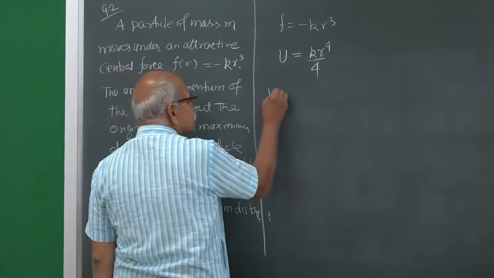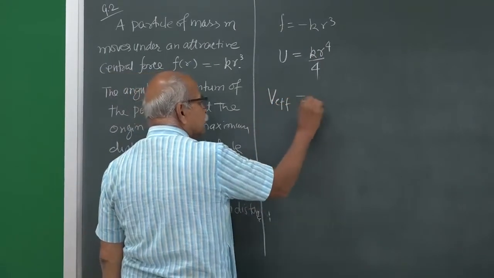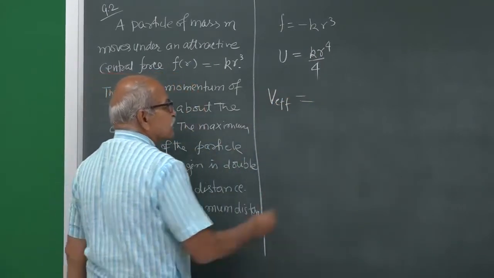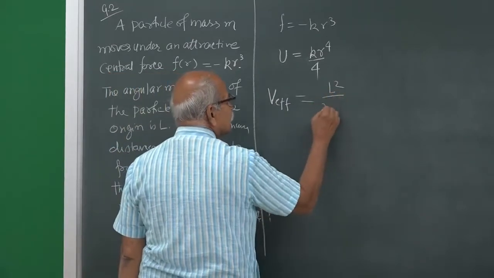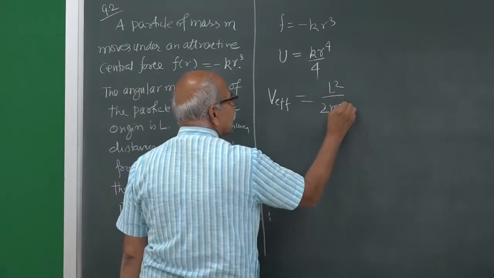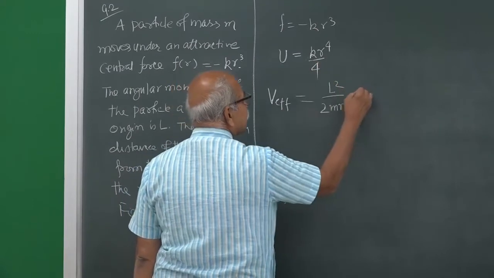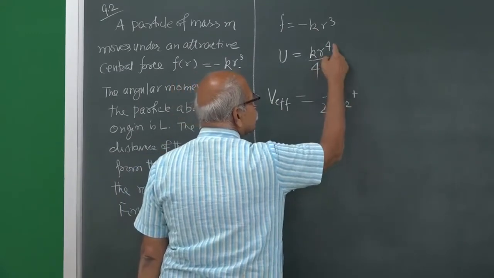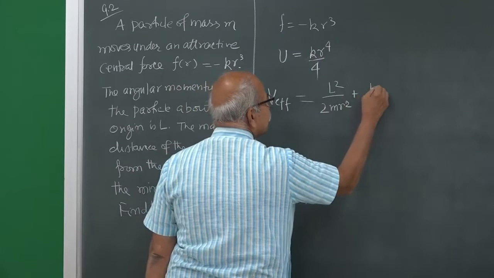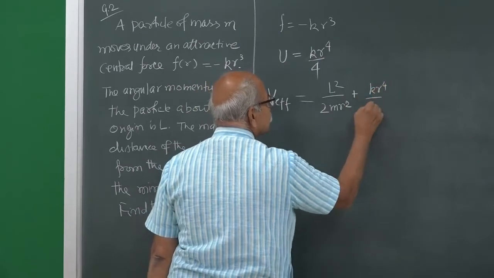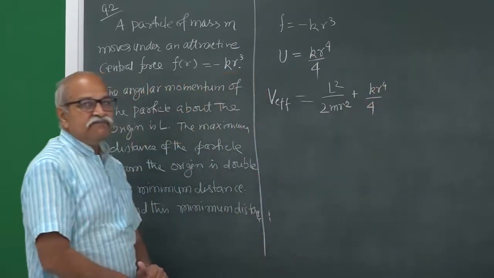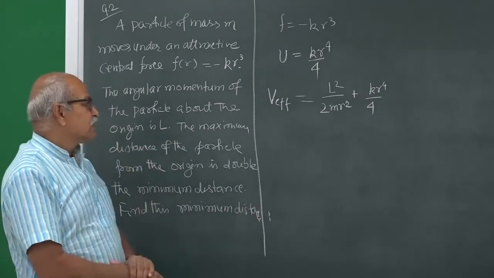What is V effective? We have used this terminology V effective, it is L square by 2 m r square, and then the actual potential energy, which is plus k r to the power 4 by 4. This is the effective potential energy.